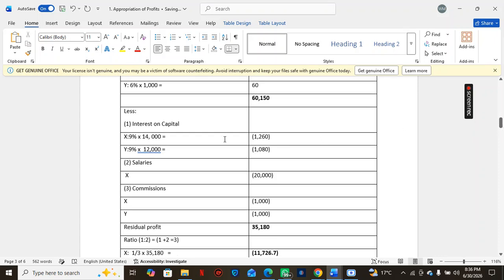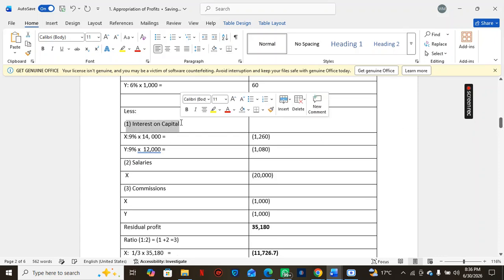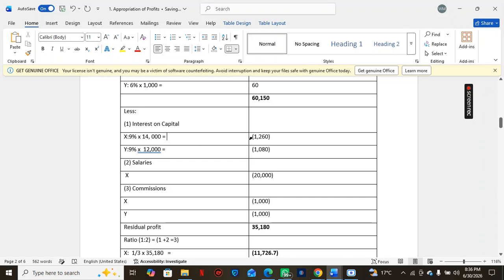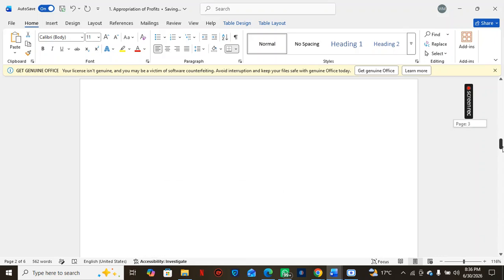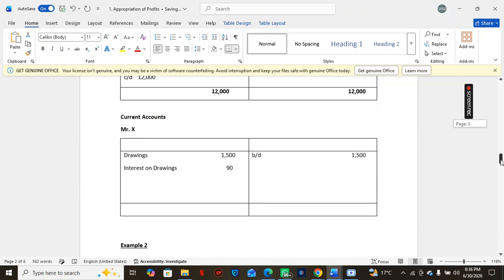Then we come here, interest on capital, Mr. X, 1,260. So we put interest on capital 1,260.